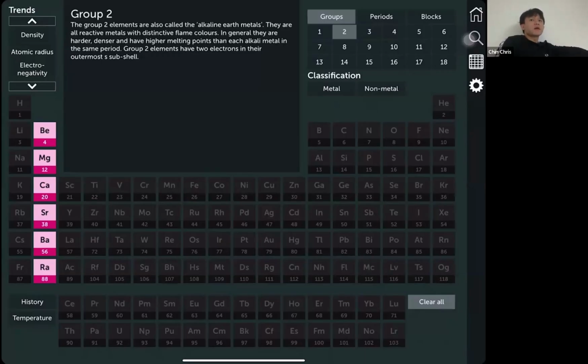Reducing power increases down the group. Why? Because its electron is further away from the nucleus, right? Okay. So it's lost more easily. Yes, go on. Then when electron is lost, they undergo oxidation. Oxidation. Yes. Perfect answer right there.